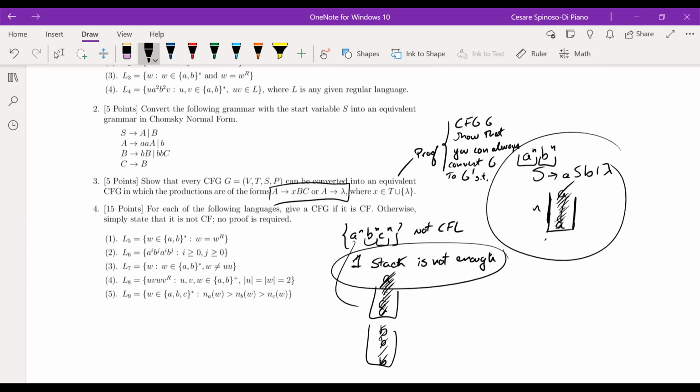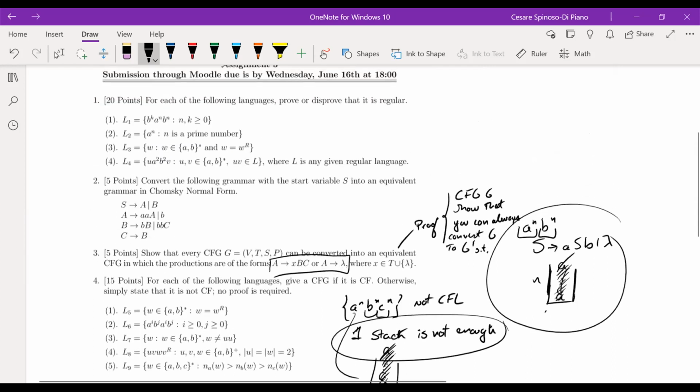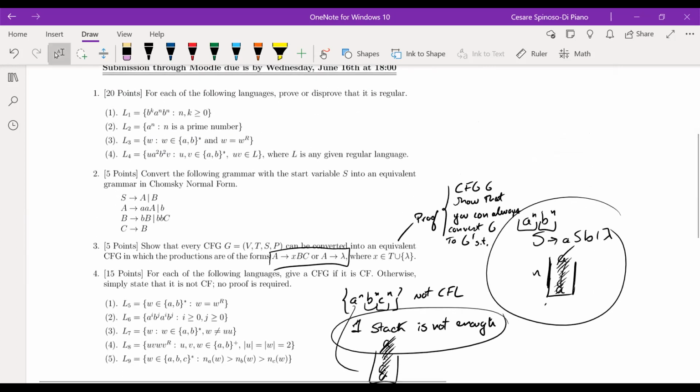Okay, good. Any other questions about the assignment or anything else? So in general, this question, we did something similar in the tutorial. This is pumping lemma proofs.